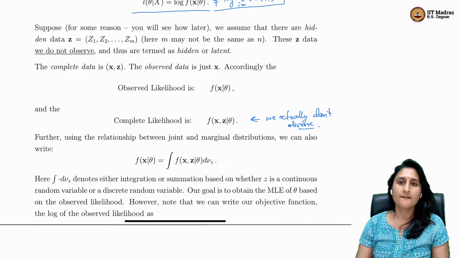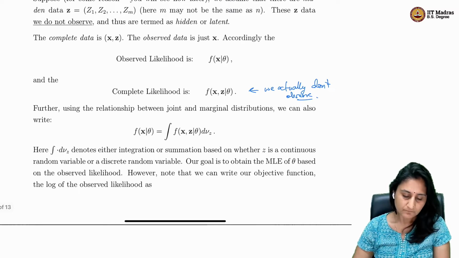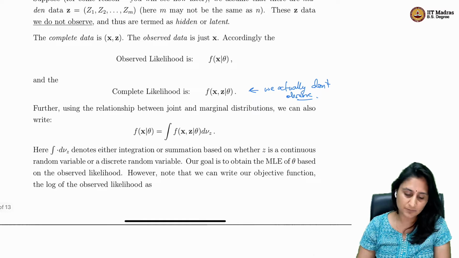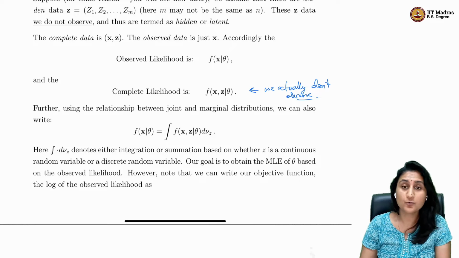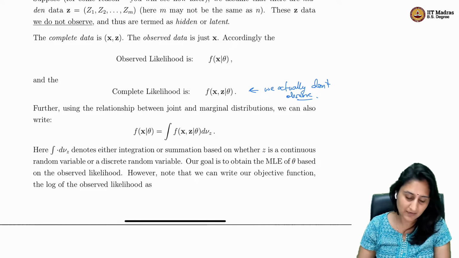Now further, if I use the relationship between the joint distribution and the marginal distribution of random variables, we can write the marginal distribution of x given theta as the integral of the joint distribution with respect to z.